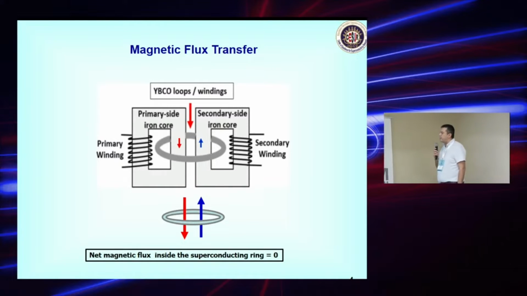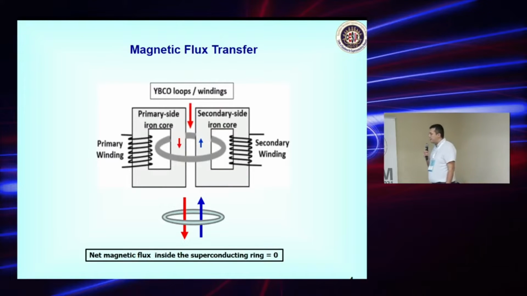We have primary winding and secondary winding as a conventional winding. It can be copper or aluminum. Then we used a superconducting loop for connection of these two independent iron cores.